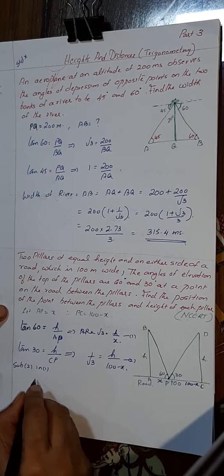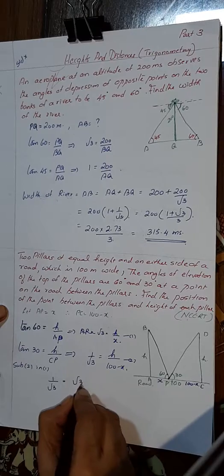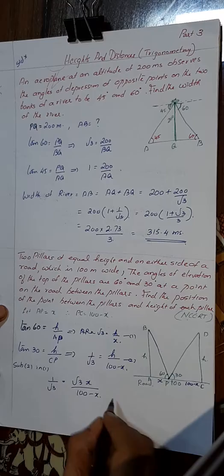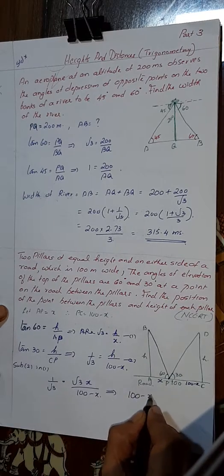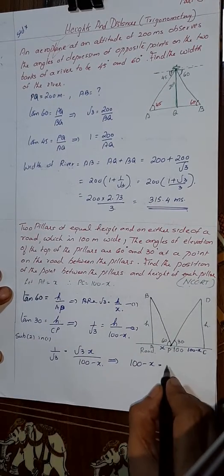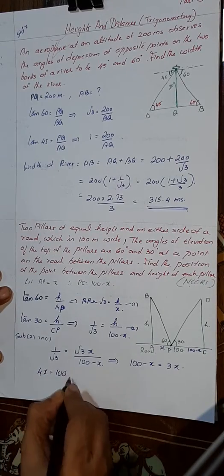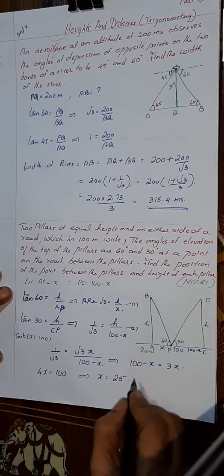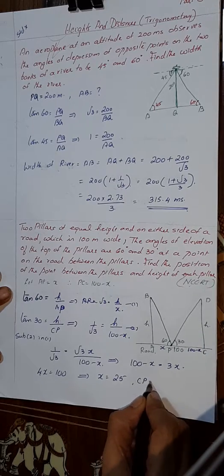We will get 1 by root 3 is equal to root 3x by 100 minus x. So cross multiplying, 100 minus x is equal to 3x. So 4x is equal to 100, x is equal to 25, and CP is equal to 75.